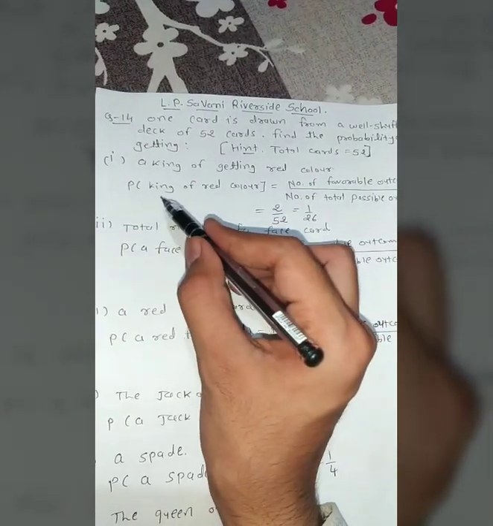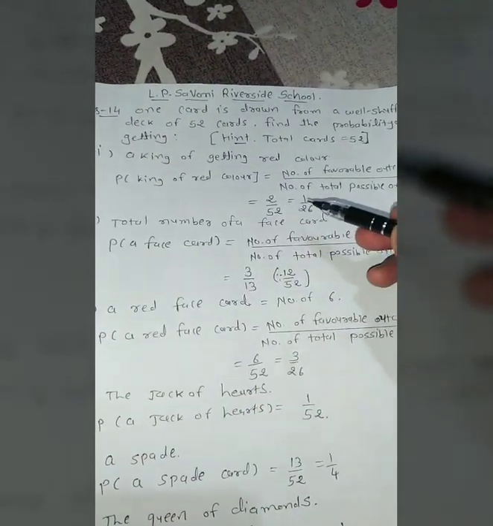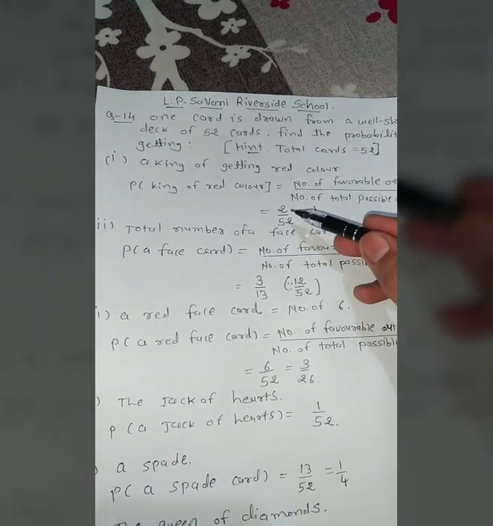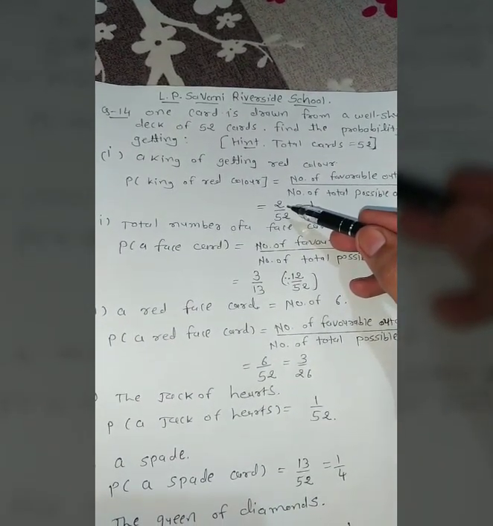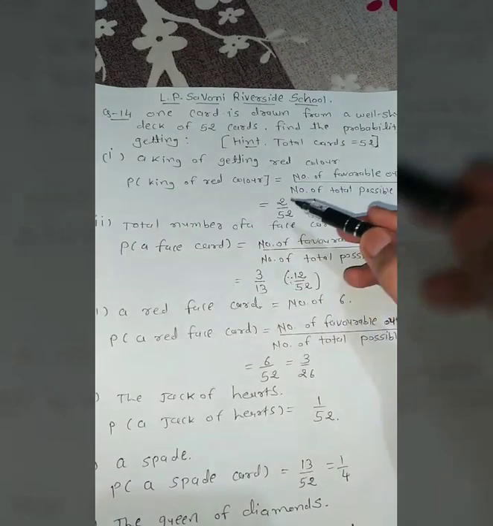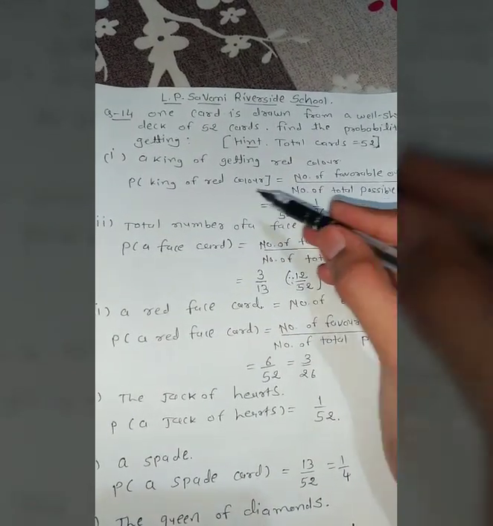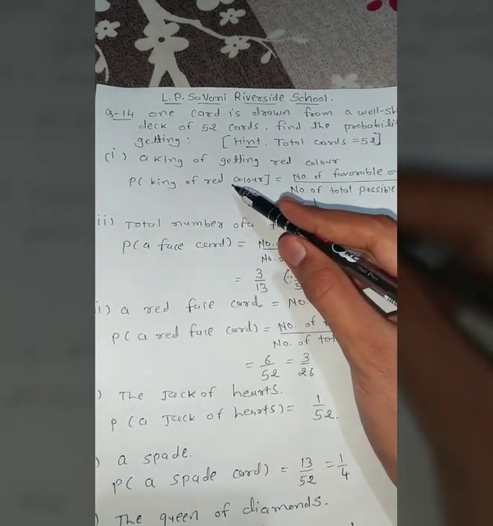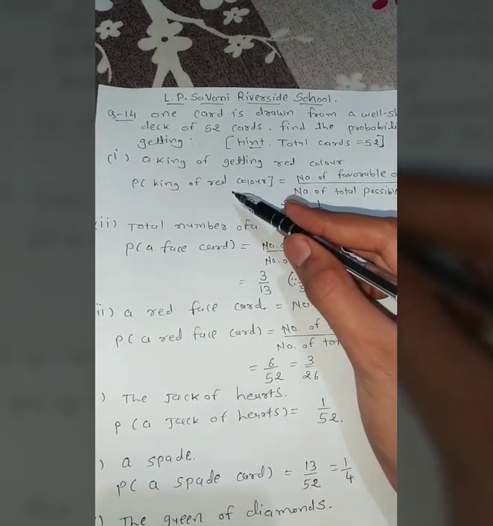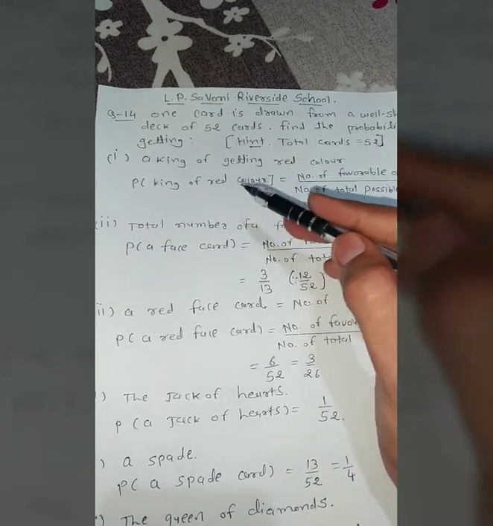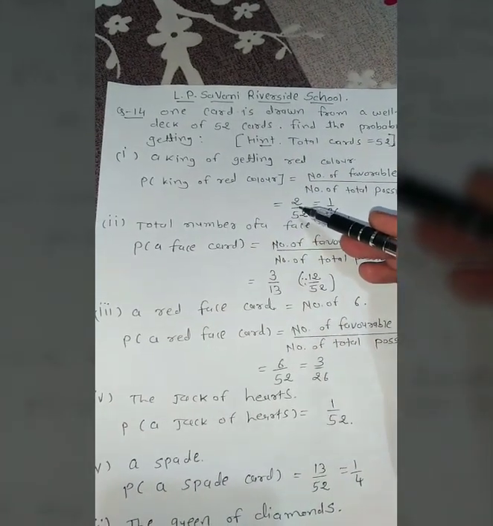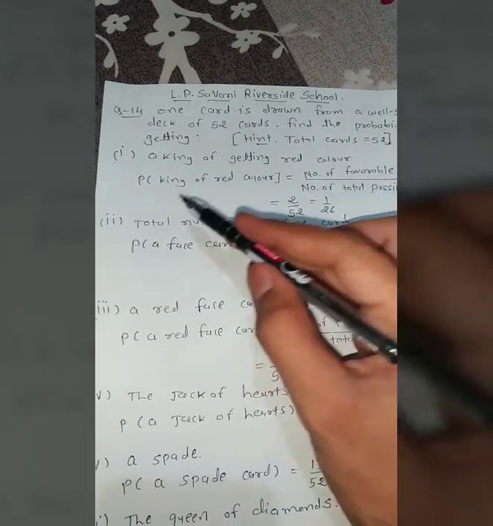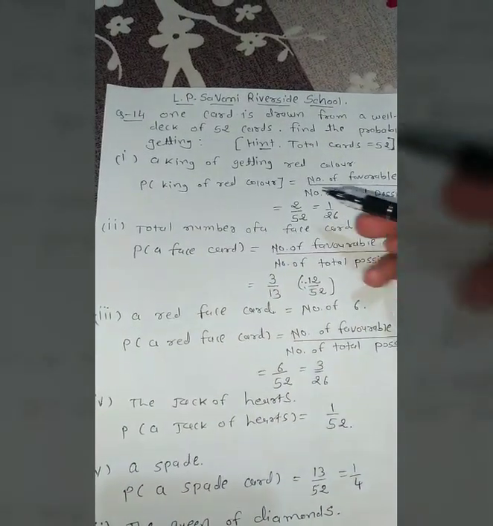The probability of a king of red color: there are 2 red color kings. Of the 52 cards, 13 multiplied by 2 means 26 cards are red, and out of this we get 2 cards which are the kings of red color.